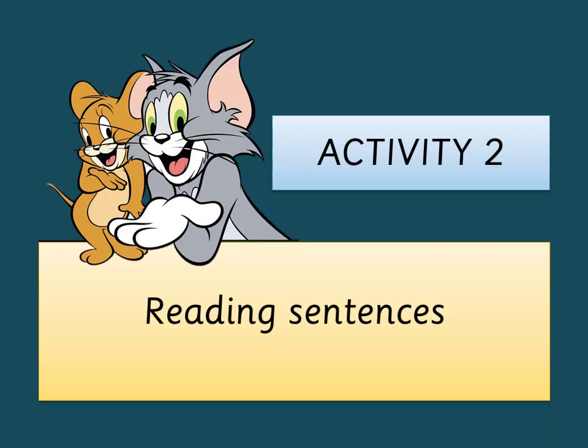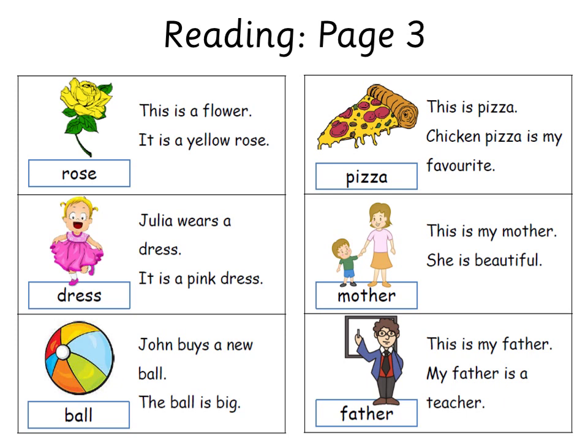Okay, let's move on to the next activity. Activity 2 on reading sentences. Okay, read along with me. This is a flower. It is a yellow rose. Julia wears a dress. It is a pink dress.